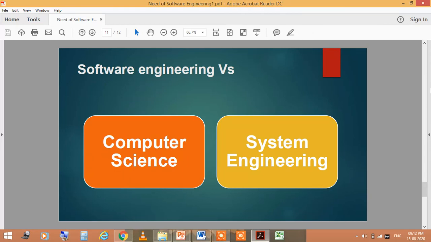Next is software engineering versus, here you can see, computer science and system engineering. Computer science means what? It is a science in which you use digital things through which you are able to do your work efficiently, or in an easy manner.